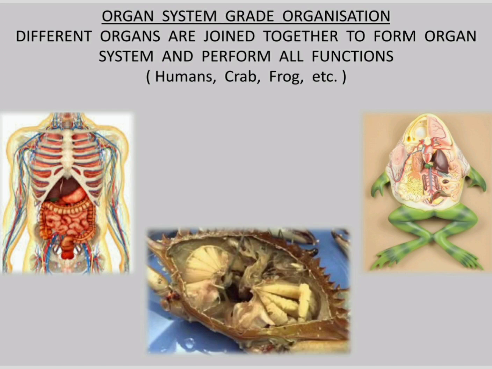And now the final type of organization is the organ system grade organization, which is seen in high level organisms like humans, crabs, frogs. Okay, so in this the different organs come together and form the proper organ systems and perform all the functions which are required for the survival of the organism.